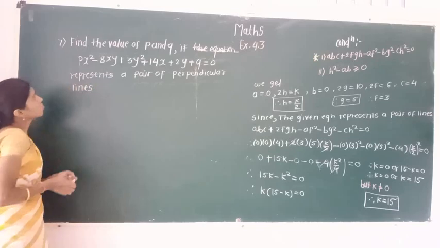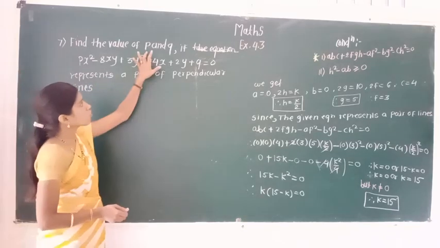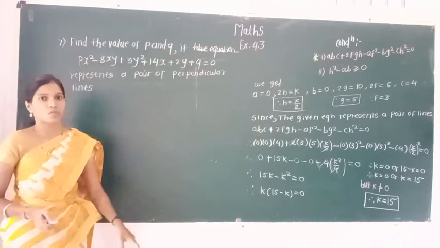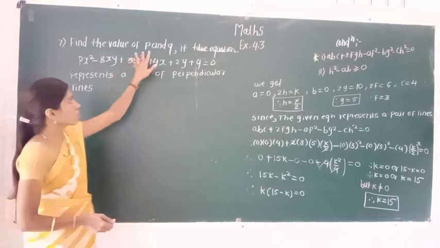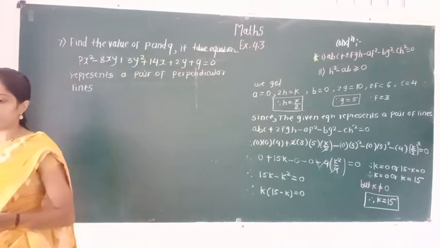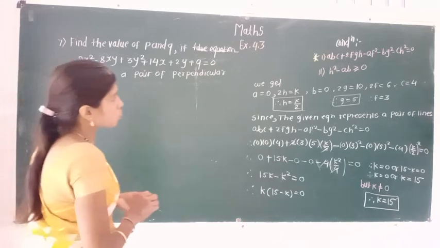Okay, now in this example we have to find the values of p and q. We have the general second degree equation, and for finding the values of p and q we have to use the given equation. The given equation is px square minus 8xy plus 3y square plus 14x plus 2y plus q is equal to 0.